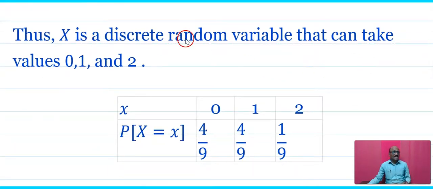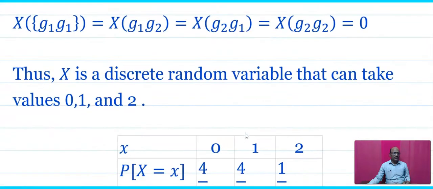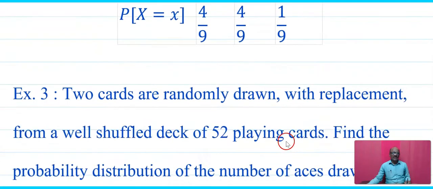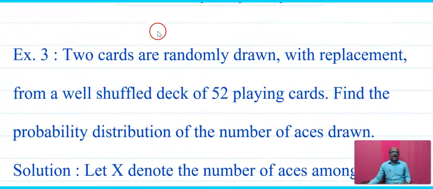Thus X is a discrete random variable that can take the values 0, 1, 2, and their probabilities are 4 upon 9, 4 upon 9, and when 2 reds are there, 1 upon 9.